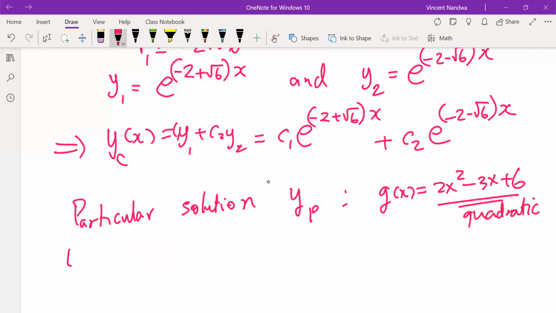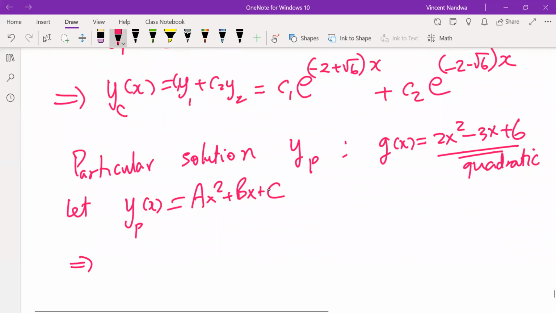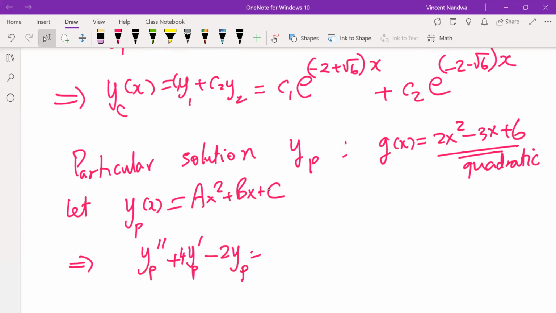So we let yp be ax squared plus bx plus c. So that's how a quadratic looks like. So this implies the differential equation yp double prime plus 4yp prime minus 2yp should give us 2x squared minus 3x plus 6.